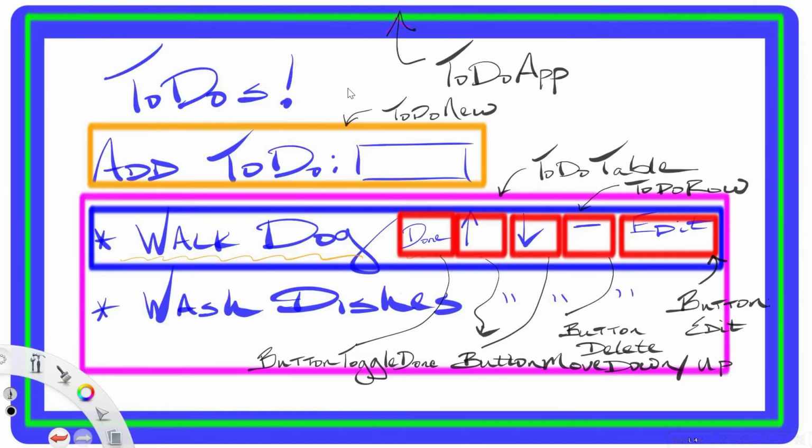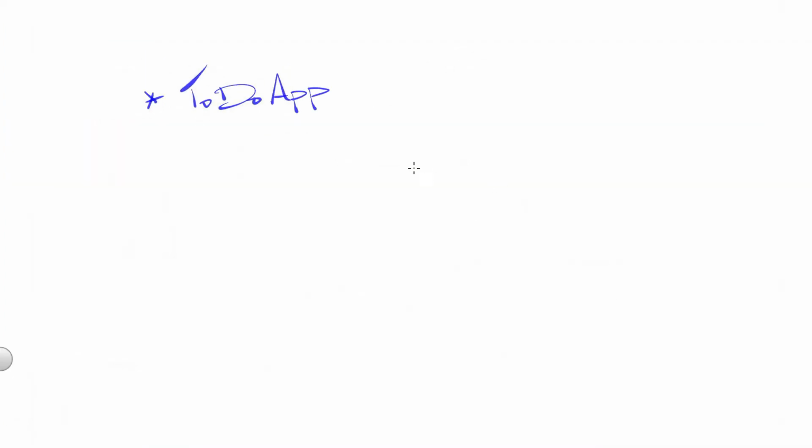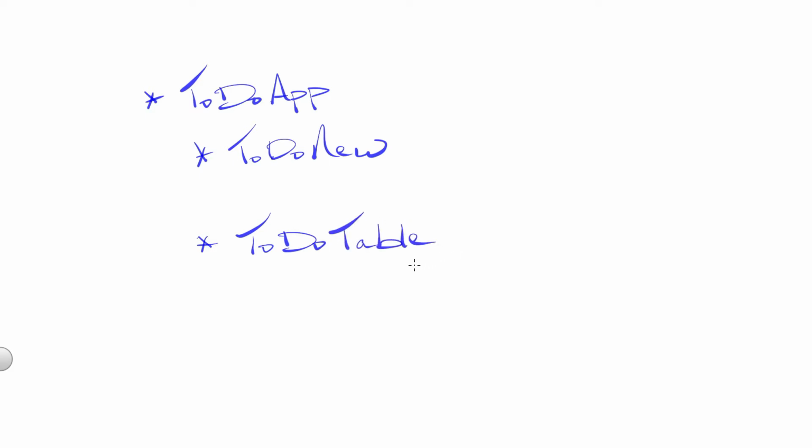All right, and then really two children under that. We have the ToDo new and the table. So under that, we have ToDo new, and then under that we have ToDo table.